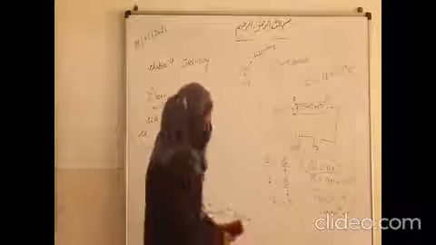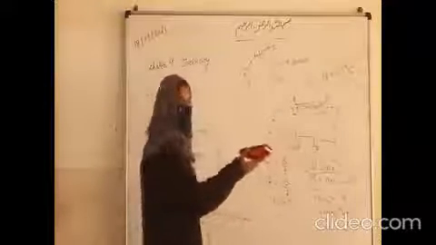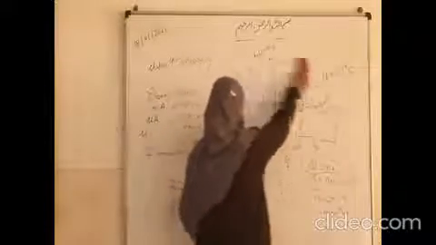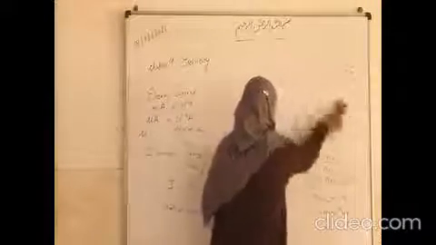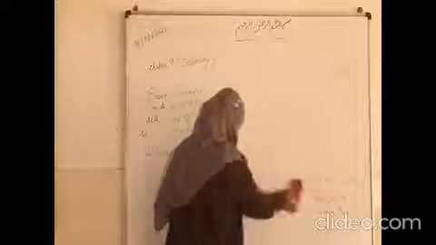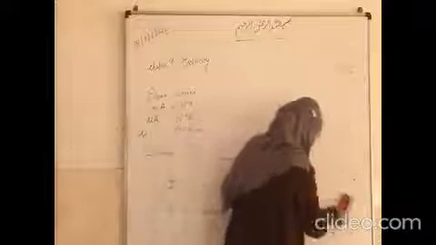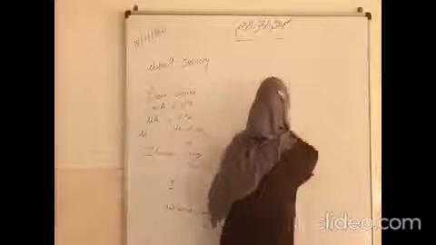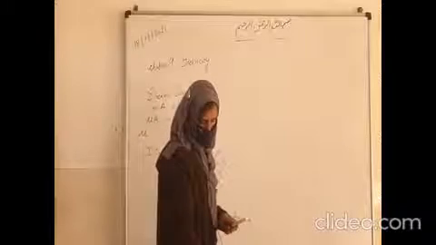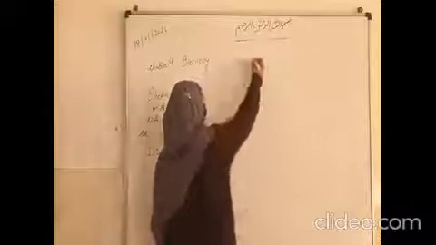Now there are two types of current. You know that, AC current and DC current. So first we will start from the symbol of AC current and DC current, because we start from this topic only.